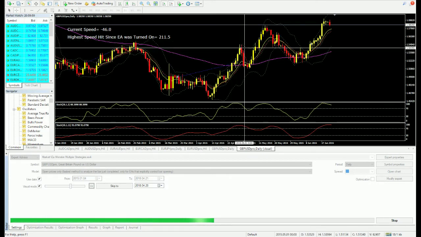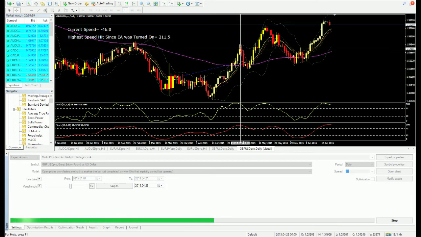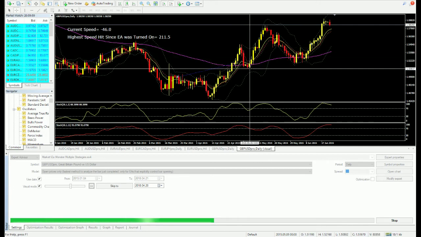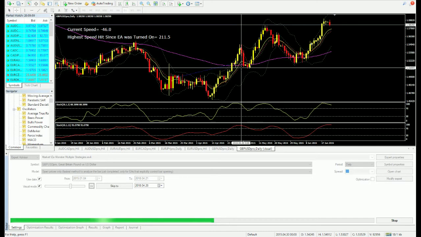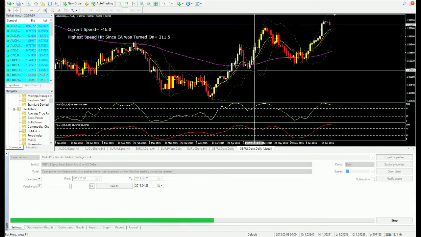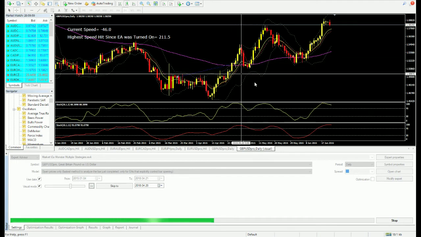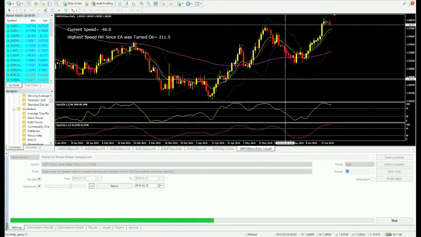It opened a trade up here, a sell, and boom, it closes right here. The way this closed was when this red line came back and closed over this purple line. So it's pretty sophisticated, it's pretty complicated, but it works.